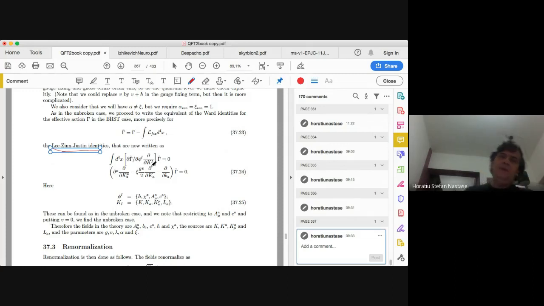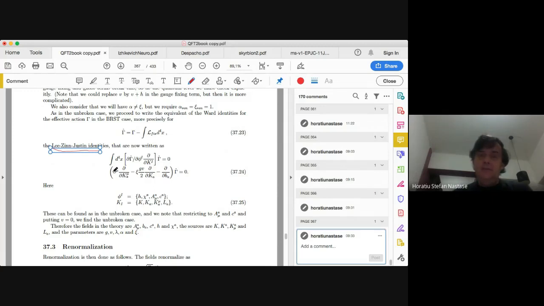So that was one Lagrangian identity that does not get modified since it was independent of the gauge fixing term. But then there was another identity that was dependent on the gauge fixing term.